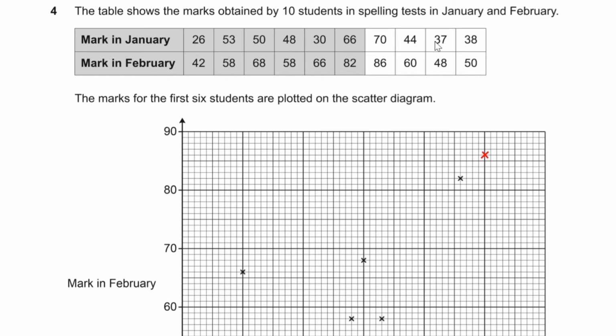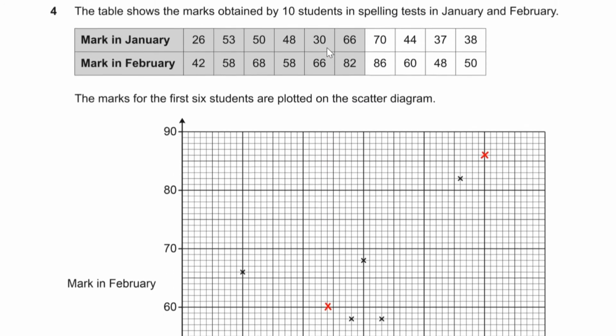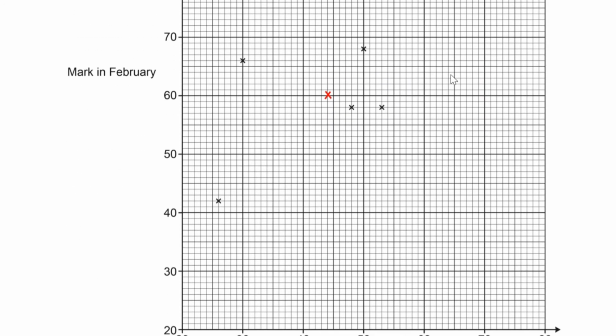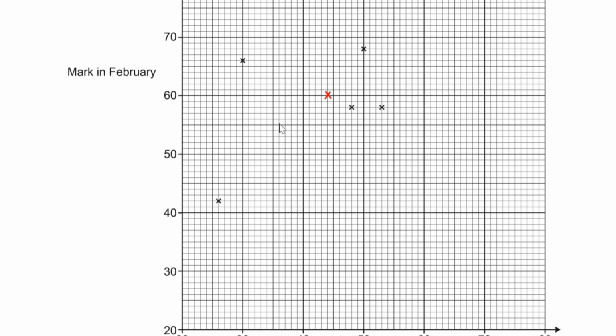Then we've got 44 and 60. So 44, 60, that goes over here. Then we've got 37 and 48. So 37 and 48, that would go over here.